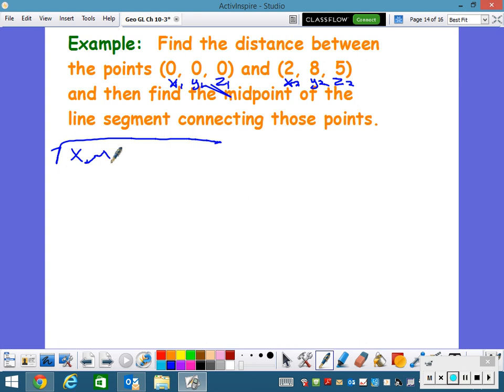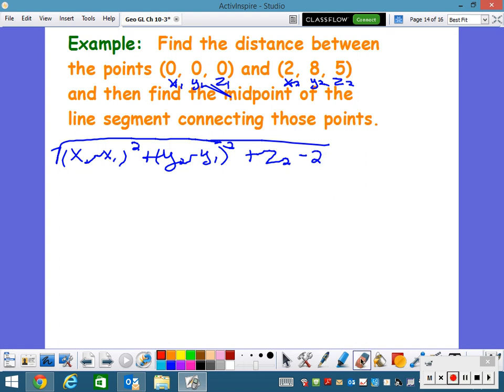Okay, so x2 minus x1 squared plus y2 minus y1 squared plus z2 minus z1 squared.